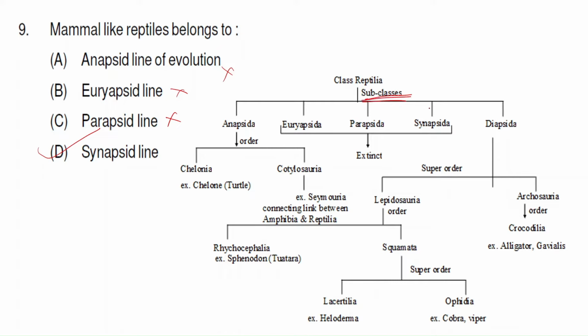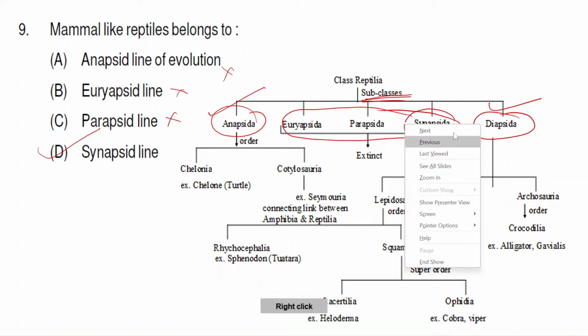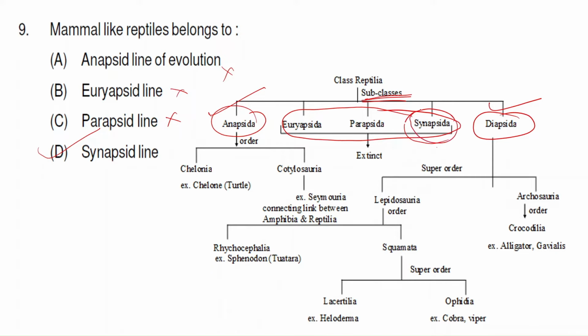Remember, out of these 5 subclasses, only 2 are living, that is Anapsida and Diapsida. These 2 are living classes. The other 3 are extinct. And out of these extinct classes, Synapsida is the subclass which are mammal-like reptiles.